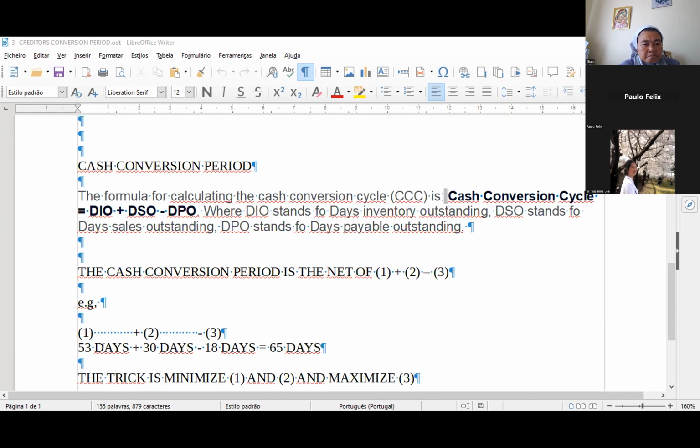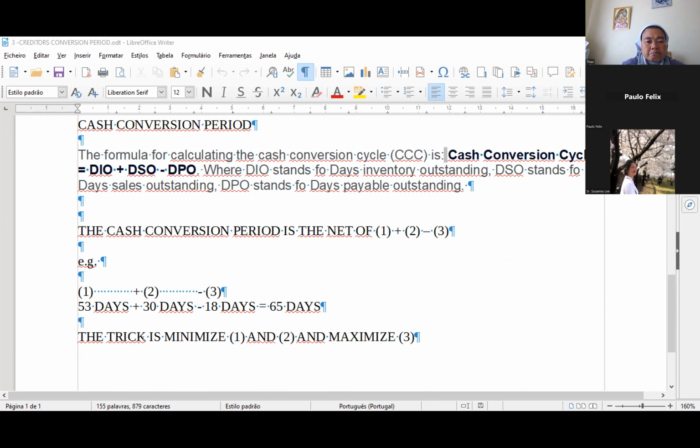So the example: the inventory took 53 days, plus 30 days for the debtors, minus 18 days for the creditors. So it takes 65 days to convert all three steps into cash.